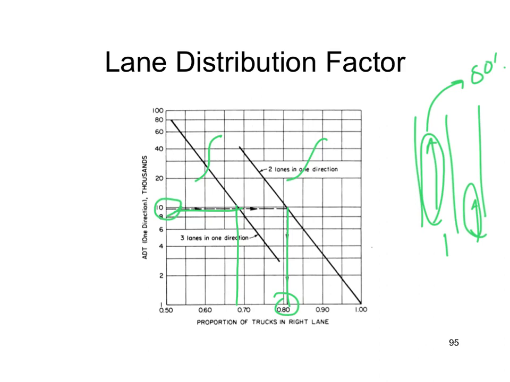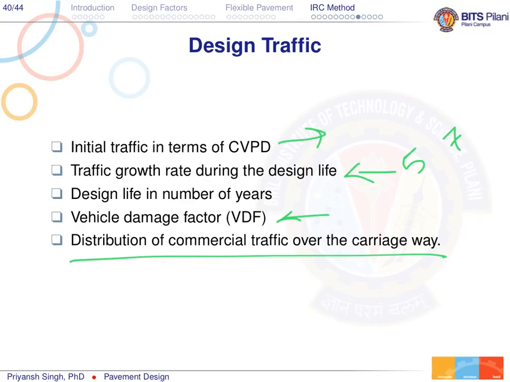I will upload a copy of the IRC 37 code. You can have a look at section 4.5 to get more information on this lane or lateral distribution of traffic. Now we have seen what our lane distribution factor is.